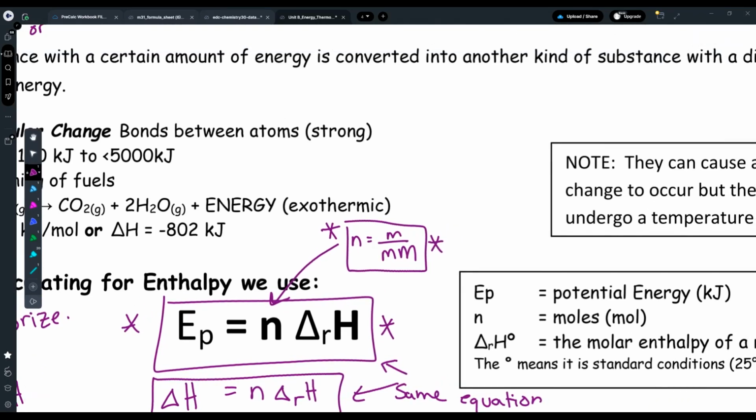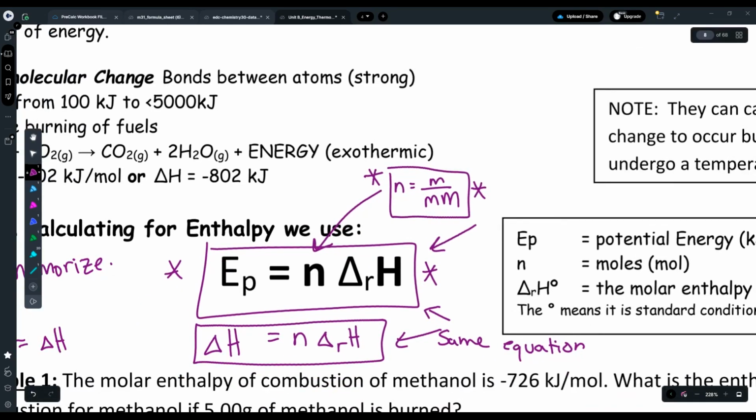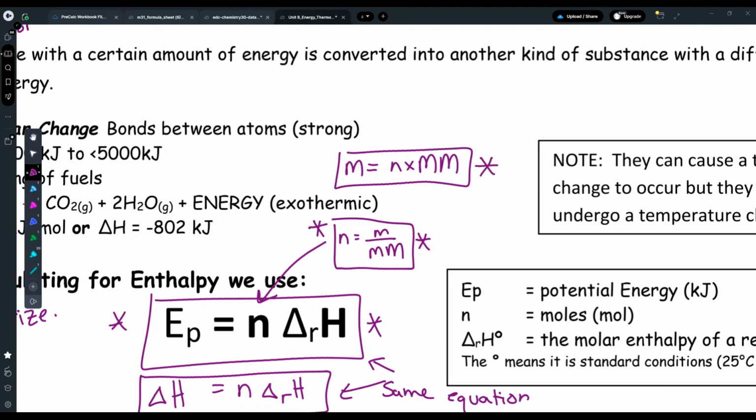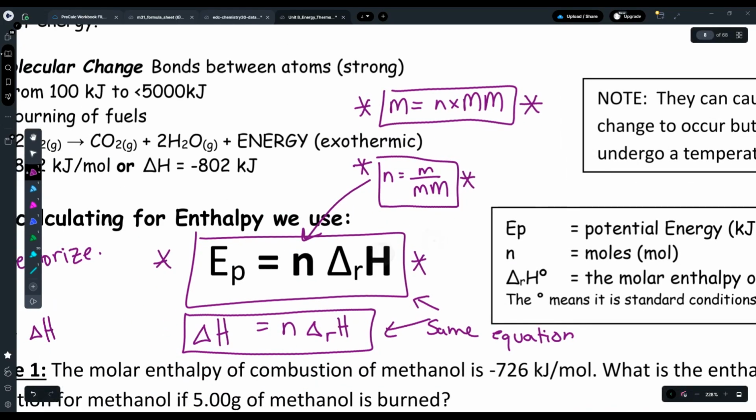Let's say the question gave us everything we needed for this equation, potential energy equals moles times molar enthalpy, but they wanted us to find moles so that we could find mass. How do you find mass from moles? Mass is equal to moles times molar mass. You should know all of these equations.